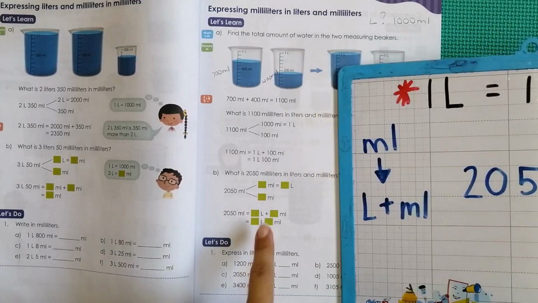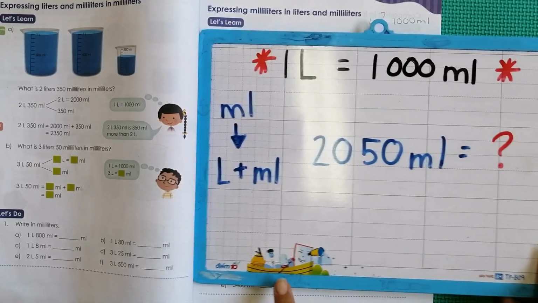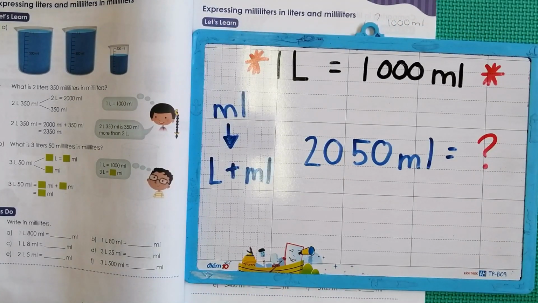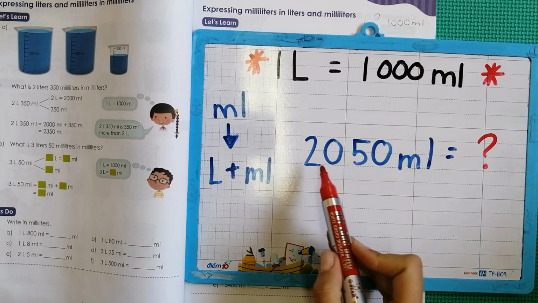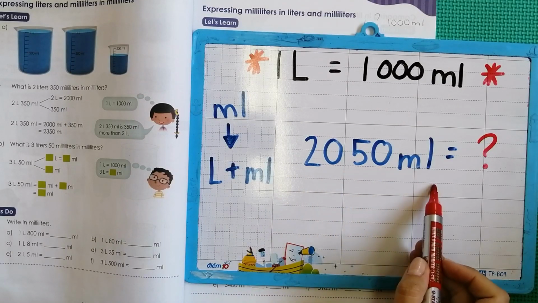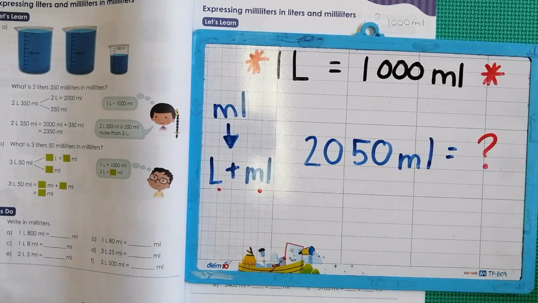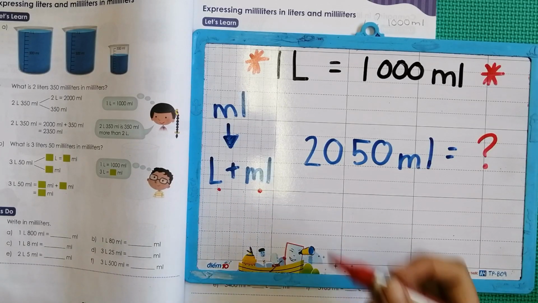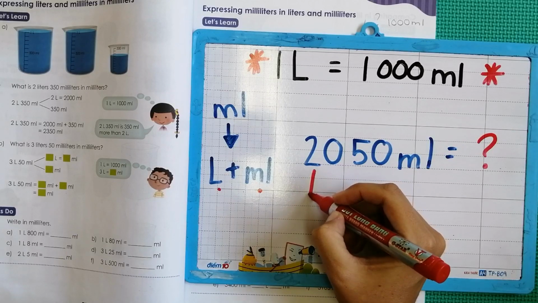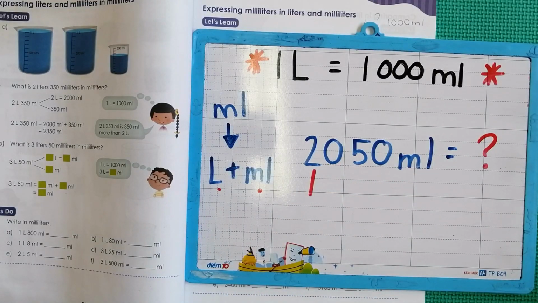Here is another example as shown in the textbook. How do we change 2050 milliliters to liters and milliliters? We look at the thousands column. What number is there? That will tell us how many liters there are.